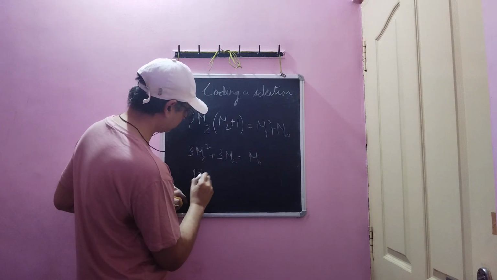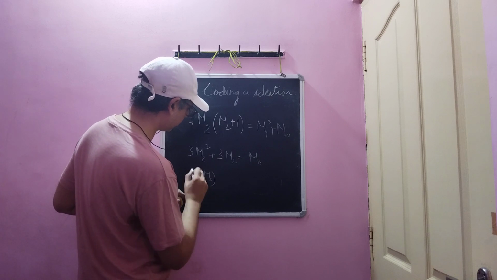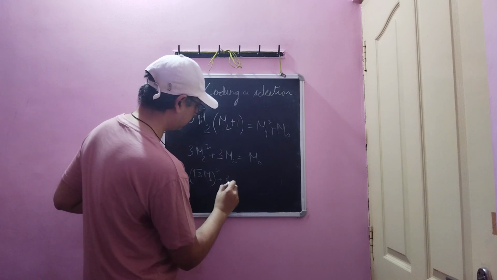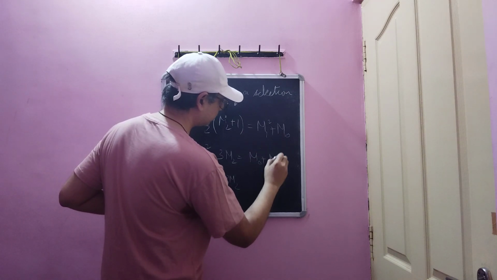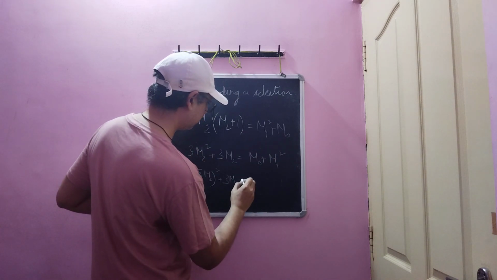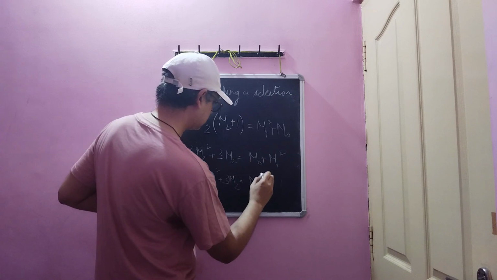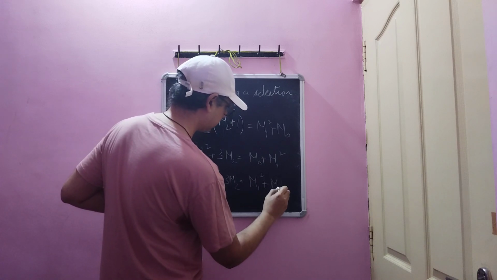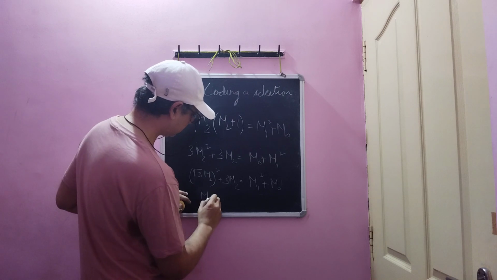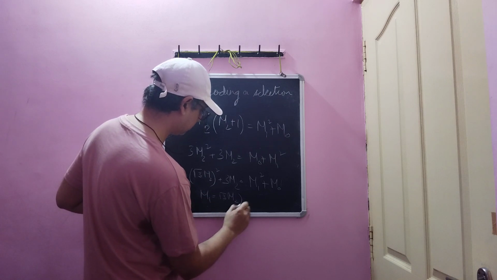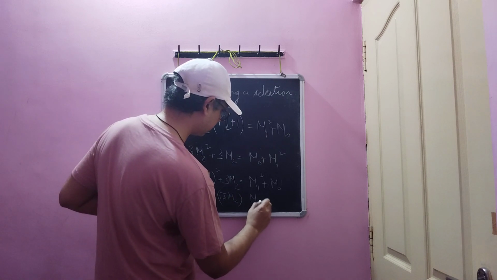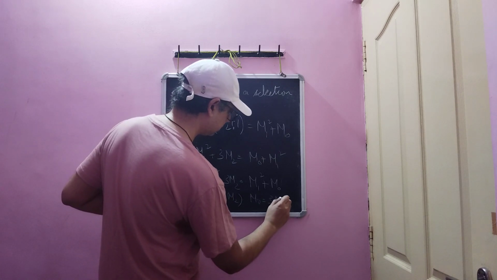This can be written as (root 3 m2) the whole square plus 3 m2, which gives us m1 is equal to root 3 times m2 and m0 must be equal to 3 times m2.